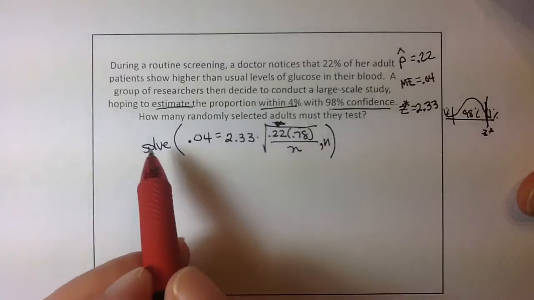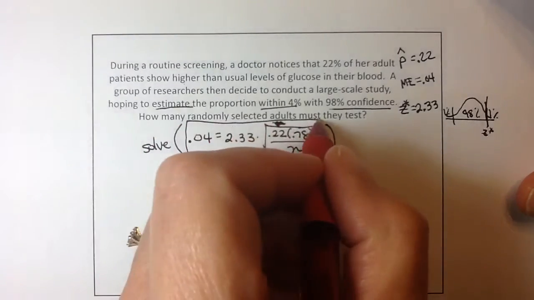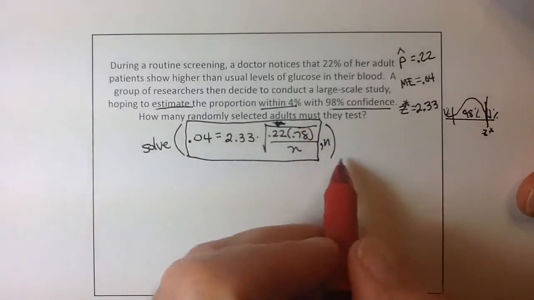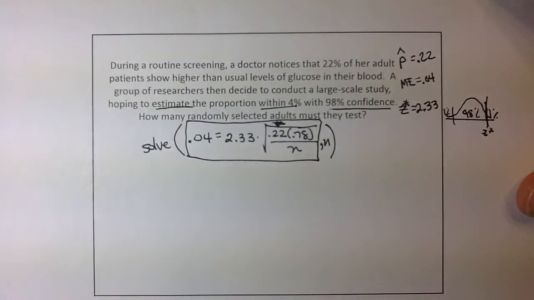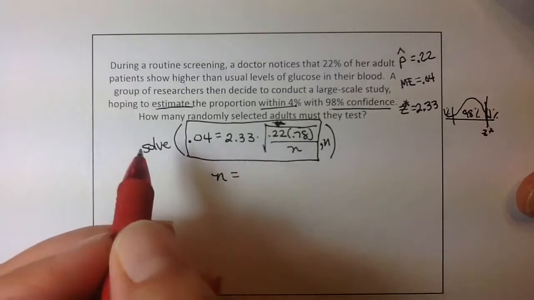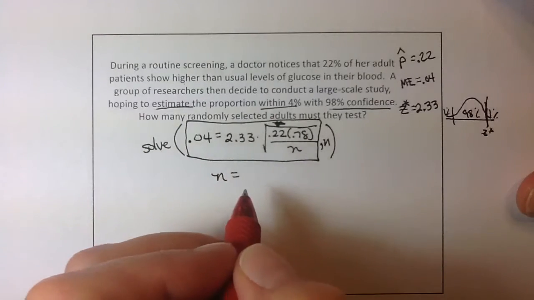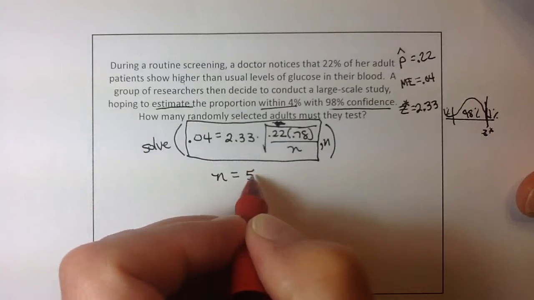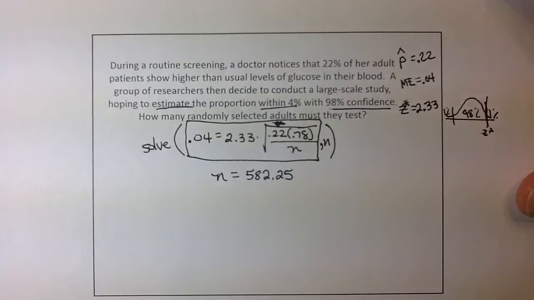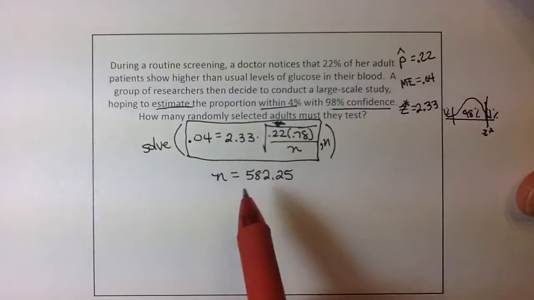Now on our paper we don't want to write this, so what we want to show on our paper is this part. And then what we put in the calculator, we surround it all by parentheses and ask it to solve for us. Because I'm trying to make these videos as short as possible so you have time to work on your own, if we crunch that out and solve for n, we'll get 582.25. So we need to select and test that many adults.